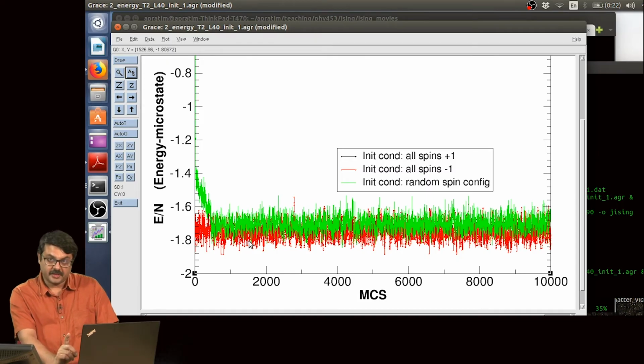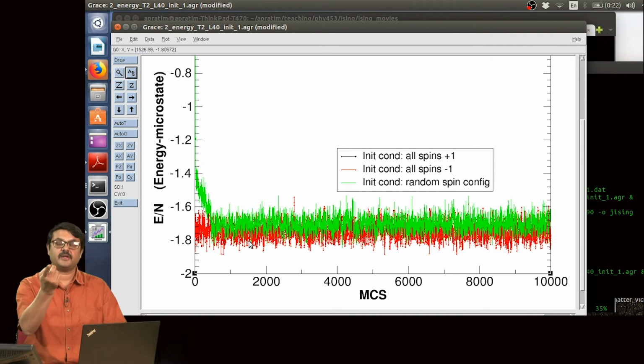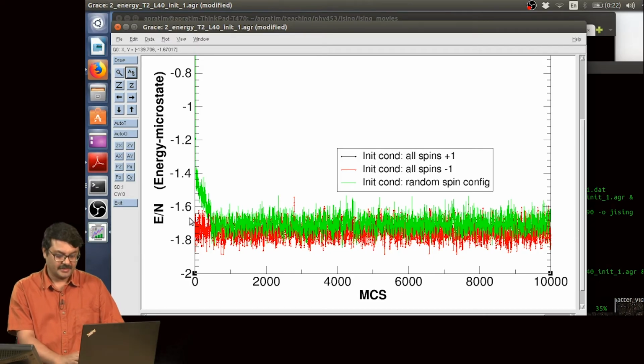Now, I would like to remind you, when we saw the magnetization data, starting from two different initial conditions, one went to plus 0.9, the other went to minus 0.9, but the energy of those configurations remains exactly the same, and that is the reason why you are getting red on top of the black data.